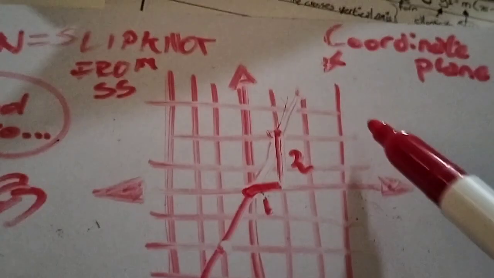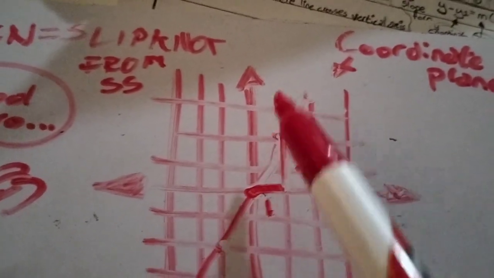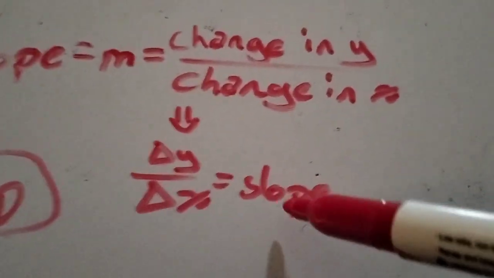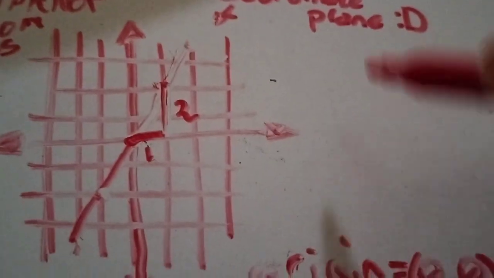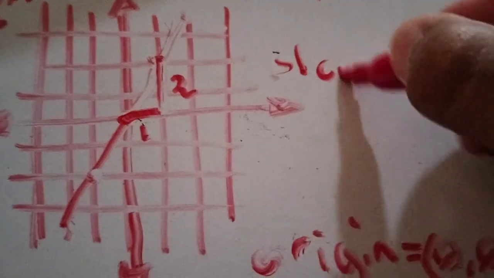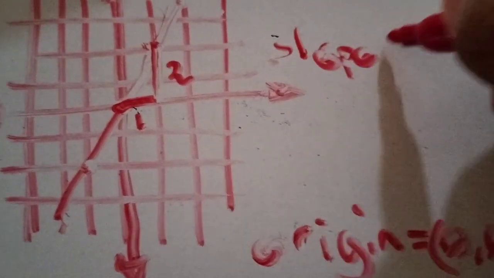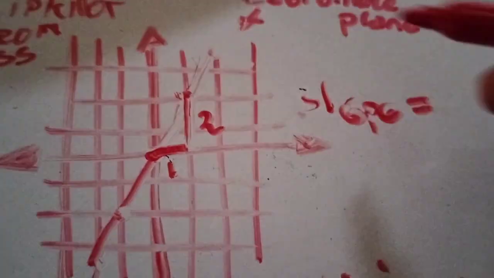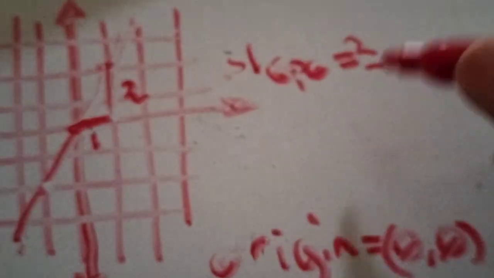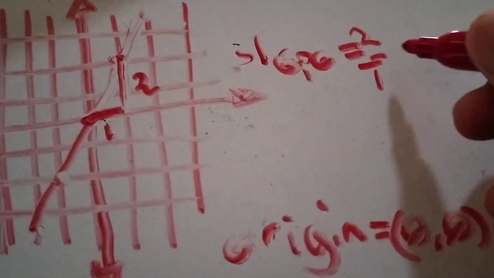If we refer back to this, our slope equals the change in y, which is how up and down it gets, and the change in x, which is side to side. You can see that the slope equals change in y, 2, over change in x, which would be 1.